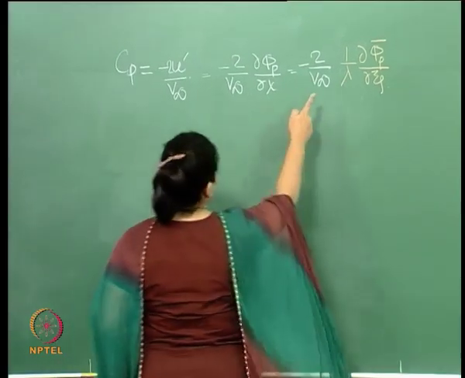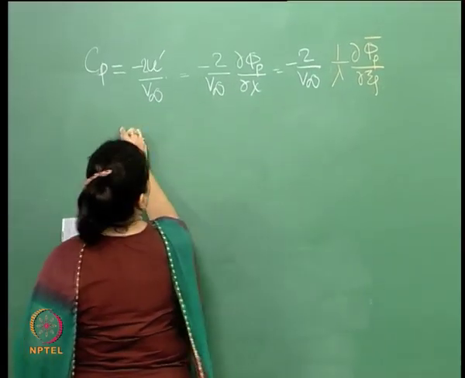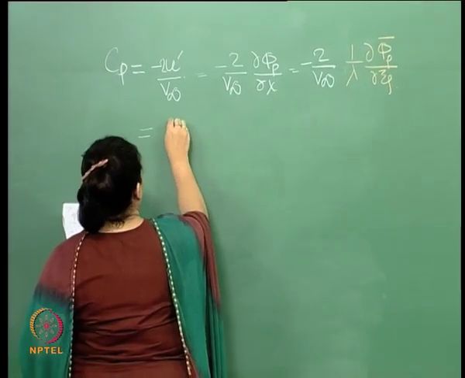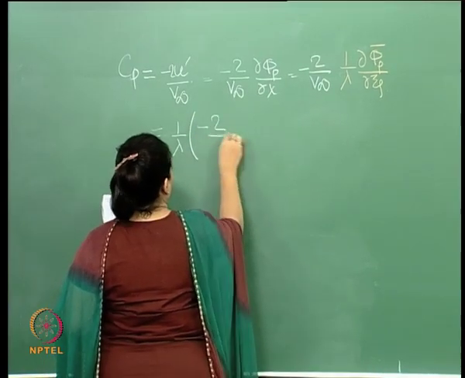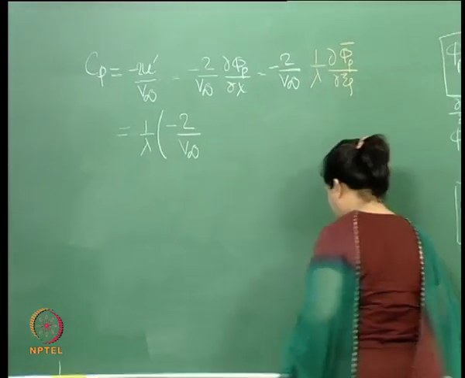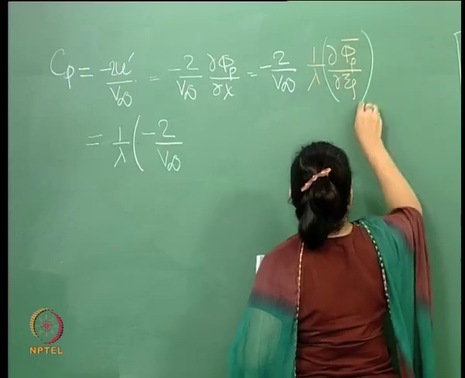right. Now, if you transform this, what you get is, right. So, then I am going to write this as, let me write that as, okay. So, if you look at this, del phi p del z.